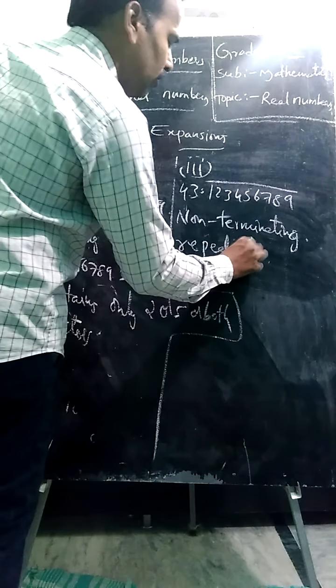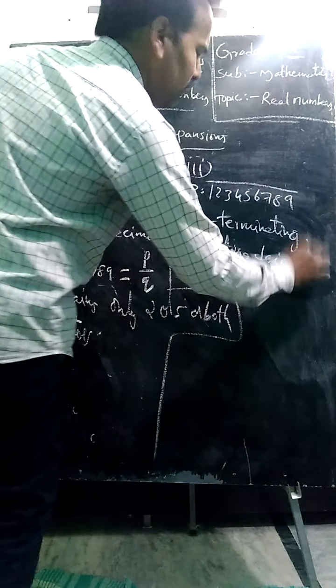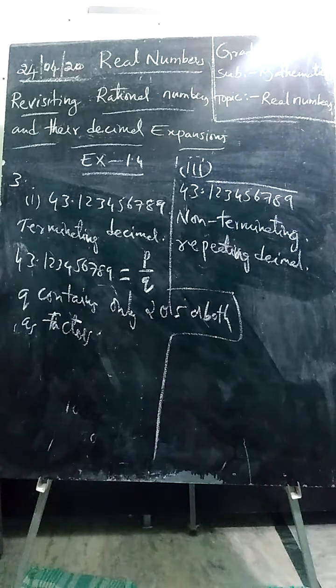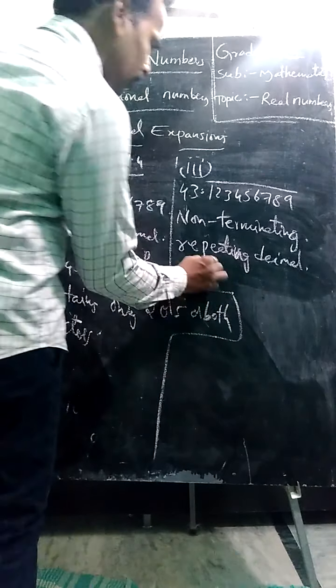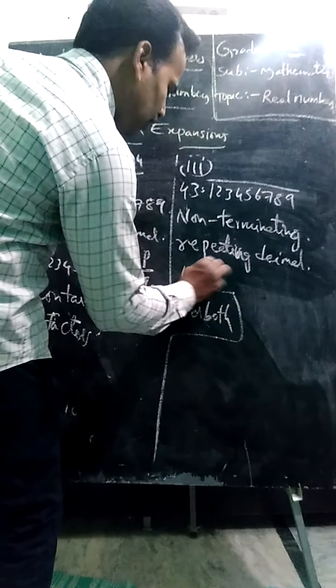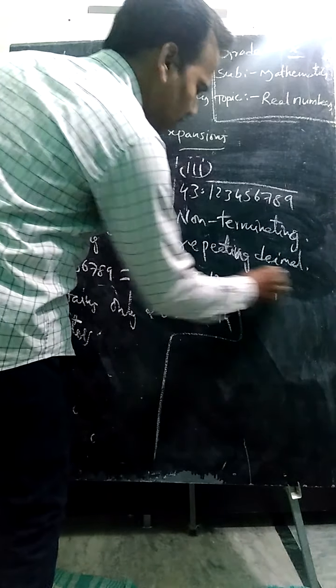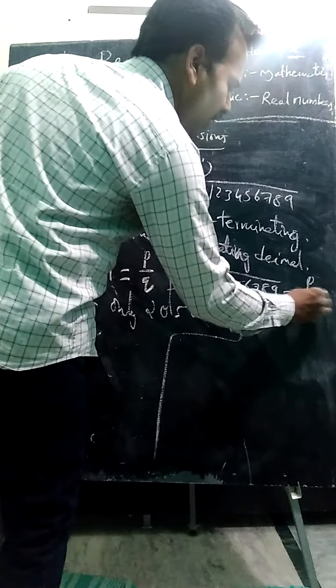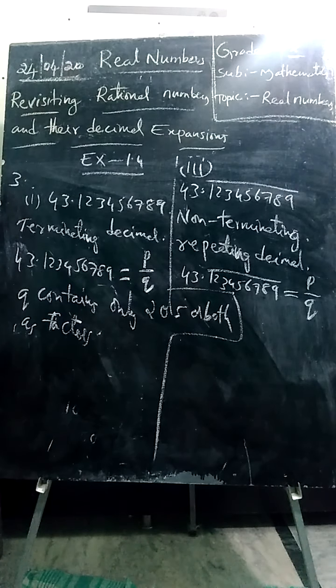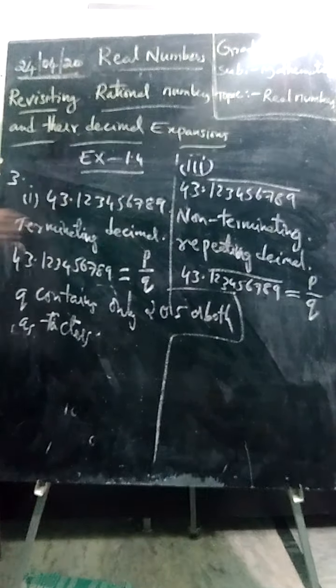I mean, it is a rational number, a repeating decimal. See, students, a terminating decimal contains 2 or 5 factors. Therefore, we can write even this one, 43.123456789 bar, in p by q form because it is a rational number. So non-terminating repeating decimals and terminating decimals, both are rational.